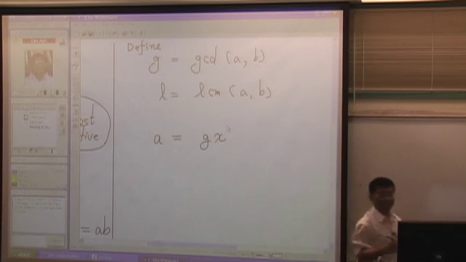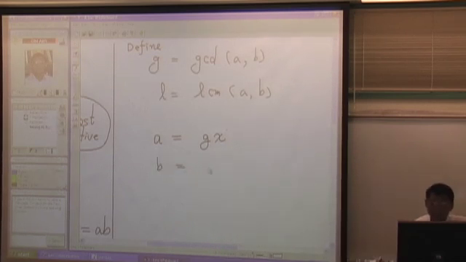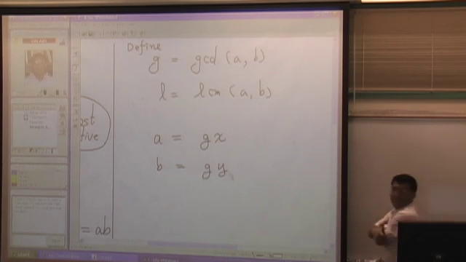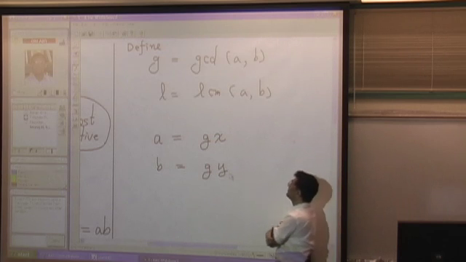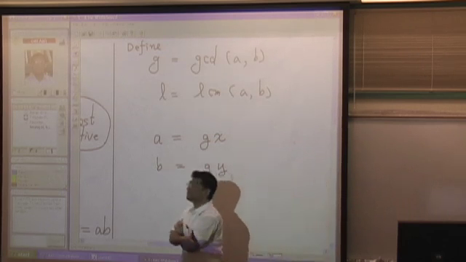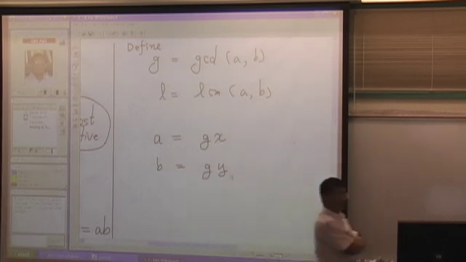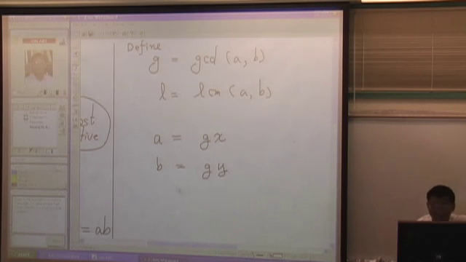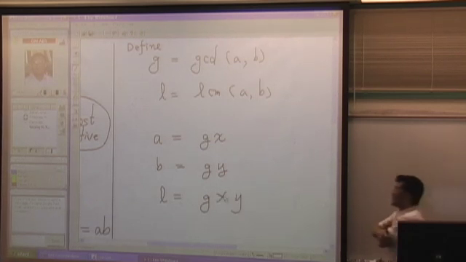A equals G times X, and then B equals G times Y. Then the least common multiple, L, equals G times X times Y. Why?